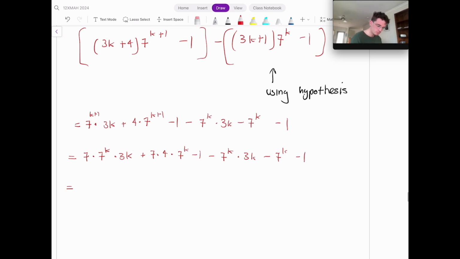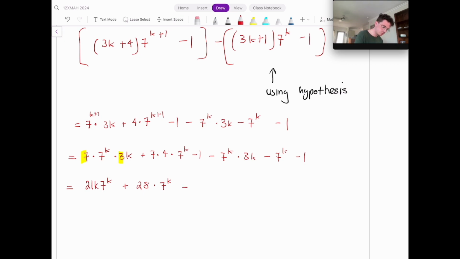Okay, we can have a go at simplifying that again. 7 times 3k is 21k, so 21k times 7 to the k. Then we've got plus 7 times 4 is 28 times 7 to the k.